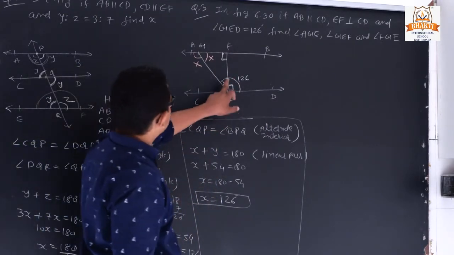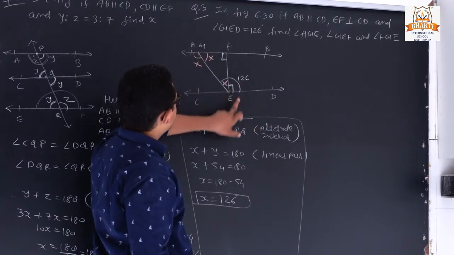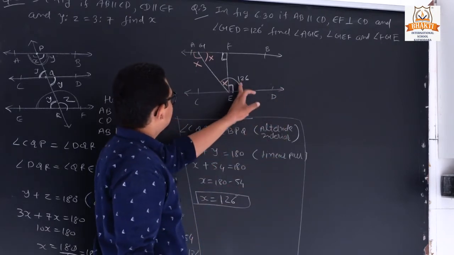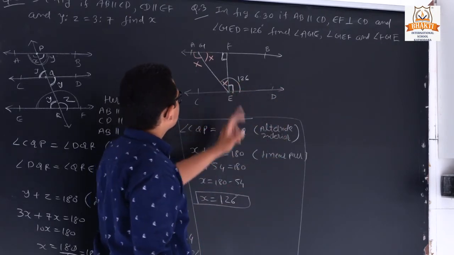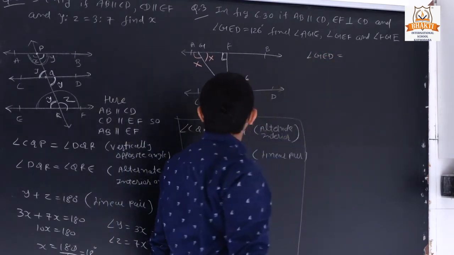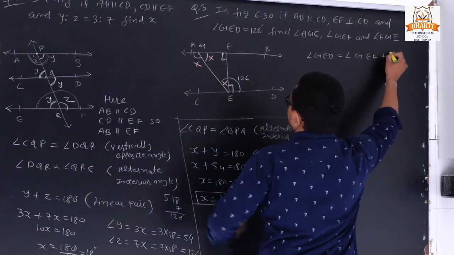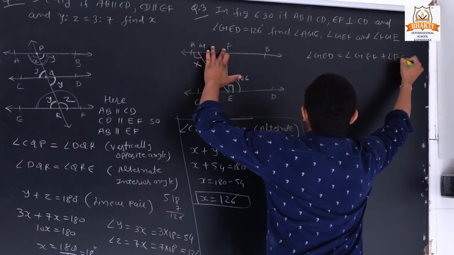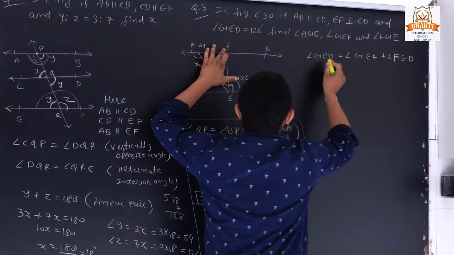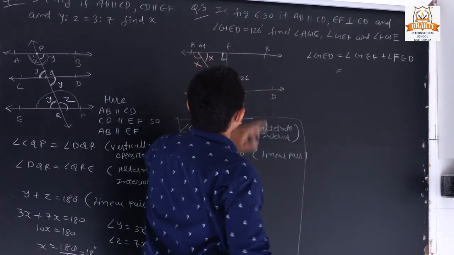So first of all see that GED is equal to GEF plus FED, because this angle is the summation of these both, clear. So we can write angle GED is equal to angle GEF plus angle FED. So now GED is given as 126 degree.